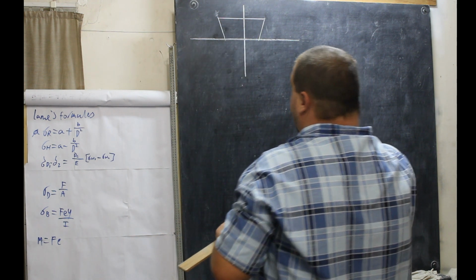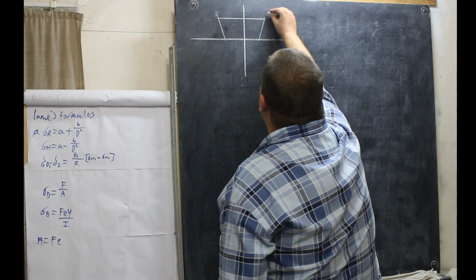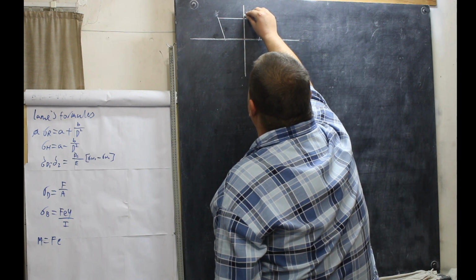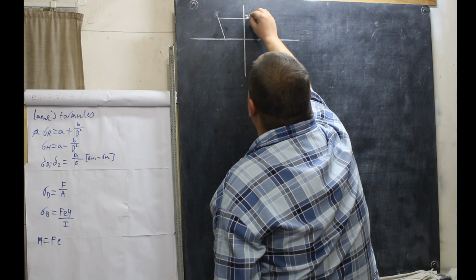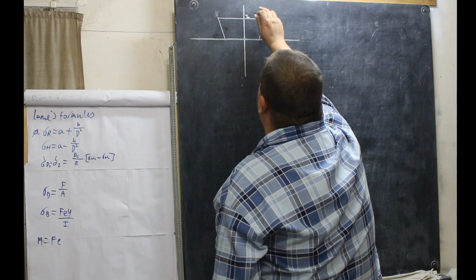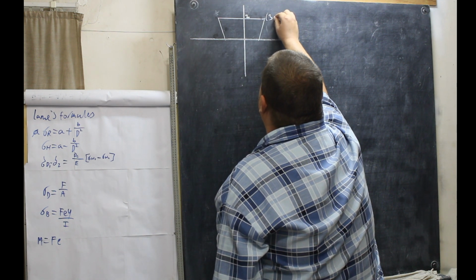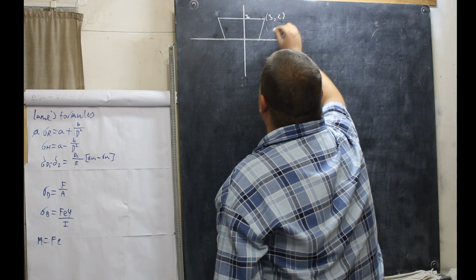Now this is 2 meters. That's 2, and this. Because it's 6 meters across, it is 3 and 2.